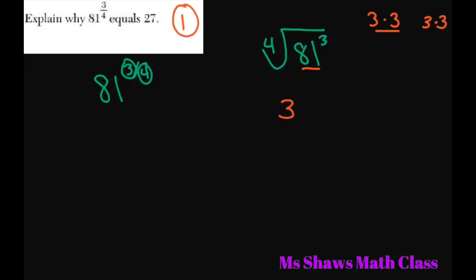So then you have 4 of the 3's, and then you cube it. We're doing the power part last, which equals 27. You don't want to do the power part first because that would be too big. So you always want to root it first.